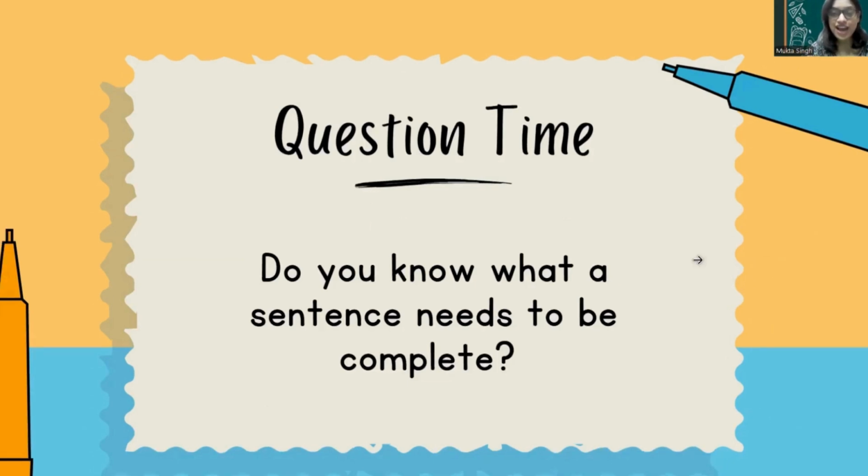So think and tell me what's your answer. All right. So let me tell you. The answer is punctuation marks. The different types of sentences use different punctuation marks at the end. And while writing, they play a very important role in determining what kind of sentence we are intending to write.